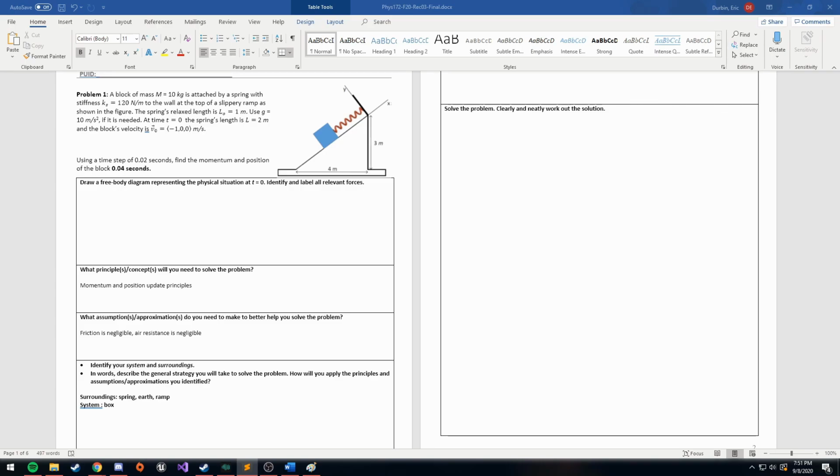I got -8.8. 0.02 is 1/50, so 60 over 50 is 1.2. Yeah, so -8.8. Right.